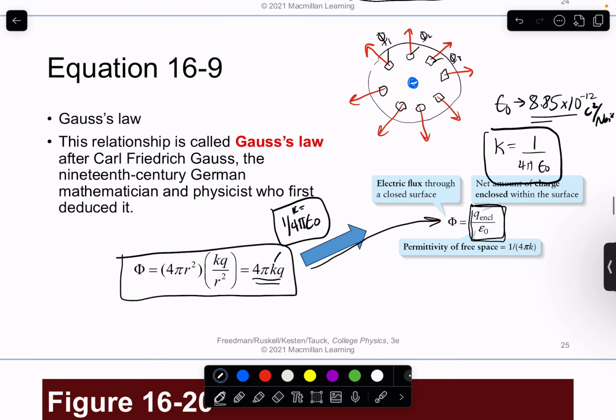So now let's look at those cases where we had a positive charge, a negative charge, and then a positive and a negative charge enclosed in the surface.